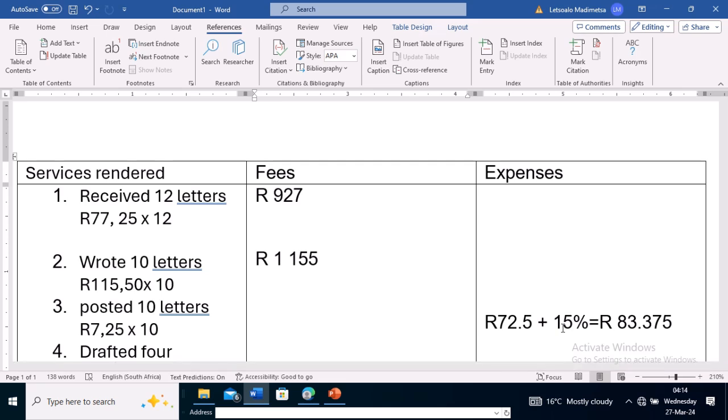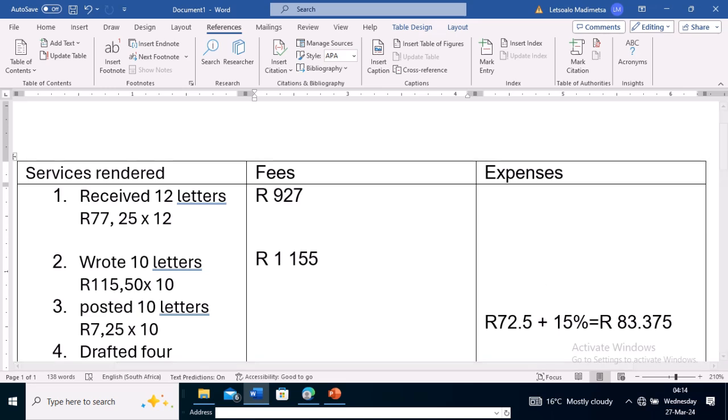You can round it off or leave it that way. It works both ways. So we are done. The reason why I'm putting it under expenses is that the service had to be rendered outside, at a post office. A law firm does not have a post office, so they have to go outside.